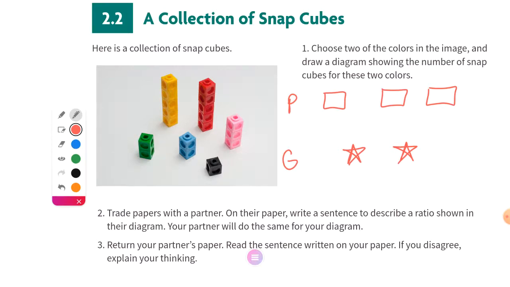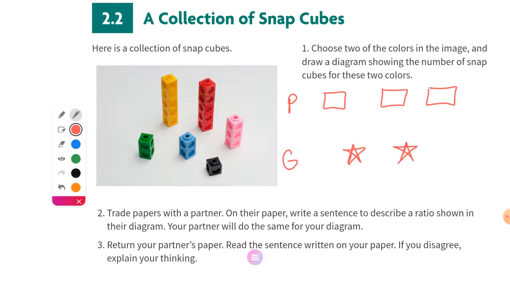Now, if you're drawing diagrams, you've got to think back to your sorting days where you had to sort shapes and pass them out evenly. Is there any way I could group these to where every group would have the same amount? No, so that means my ratio would just be 3 to 2. It cannot be simplified.